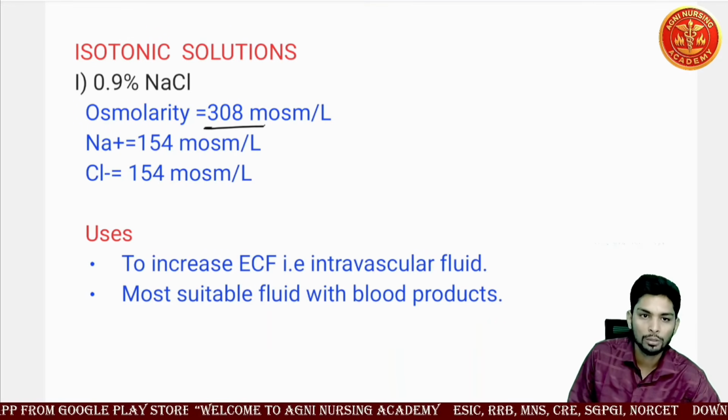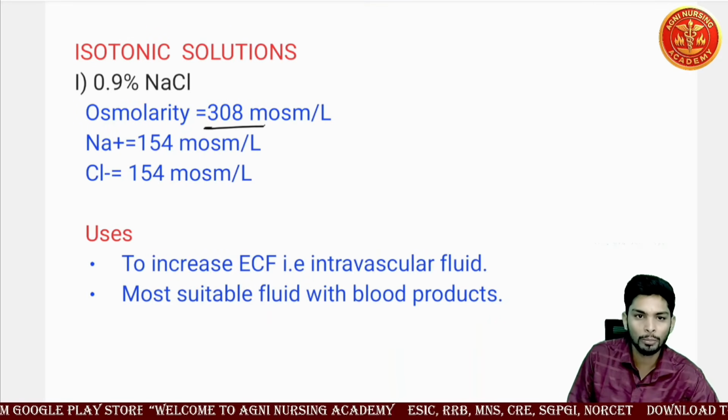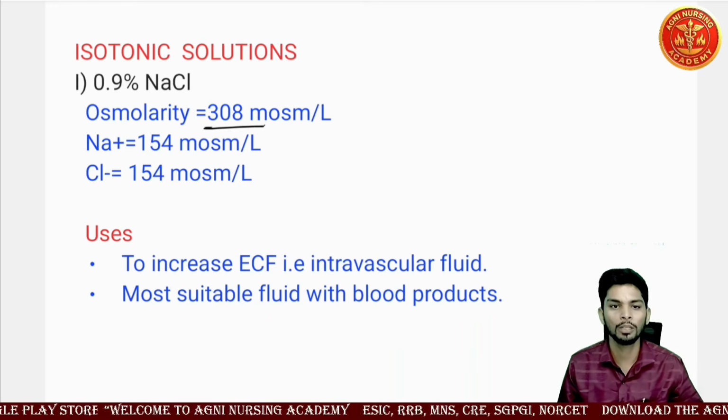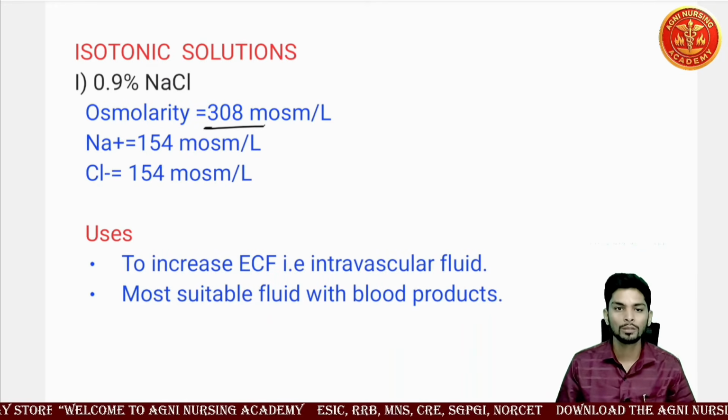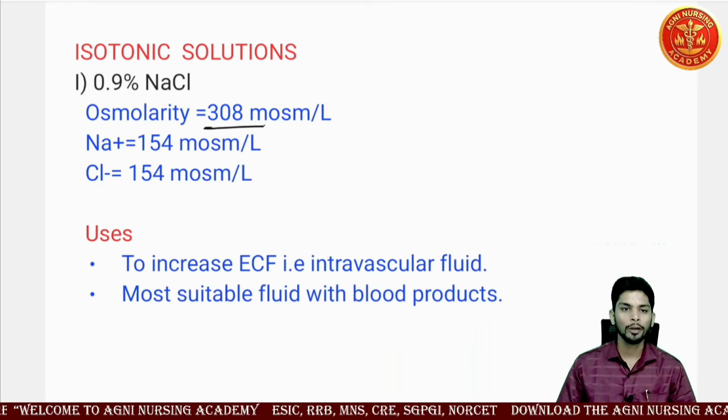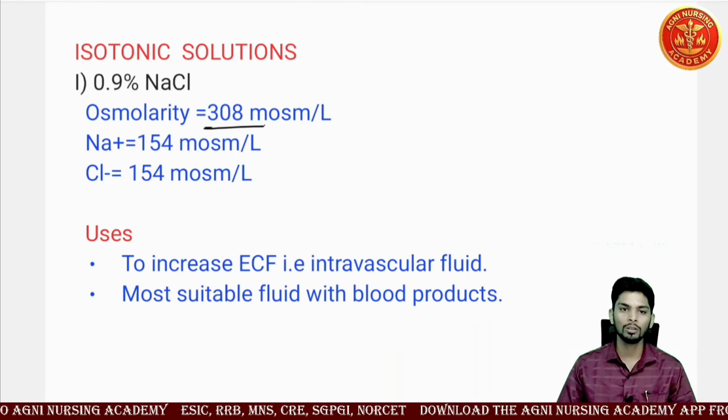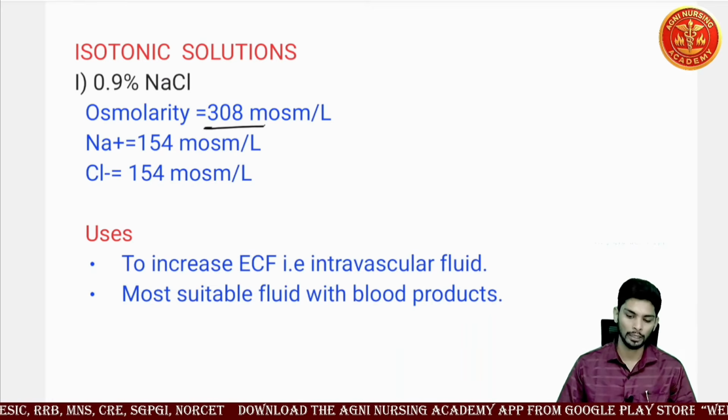In that, sodium is 154 milliosmol per liter and chloride is 154 milliosmol per liter. So 1 liter of 0.9% normal saline includes 154 milliosmol sodium and 154 milliosmol chloride. So the total osmolarity of normal saline is 308 milliosmol per liter.